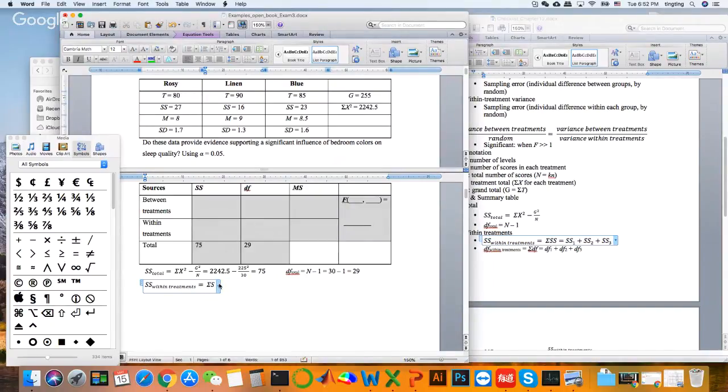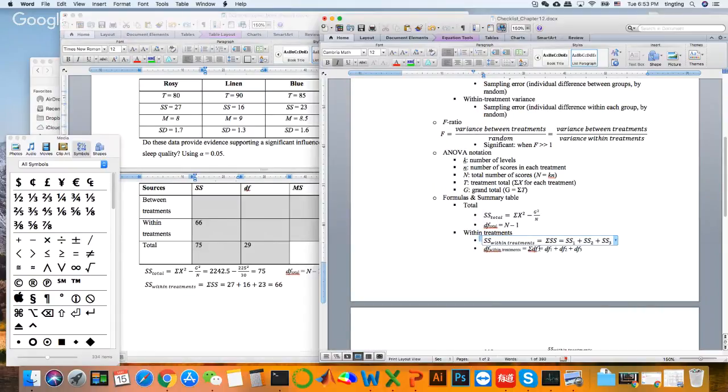So just a simple calculation: 27, right? This SS plus this 16 plus 23, which equals 66. Put the 66 here.